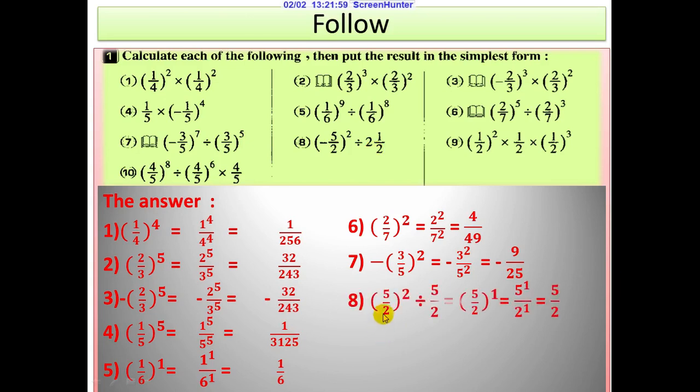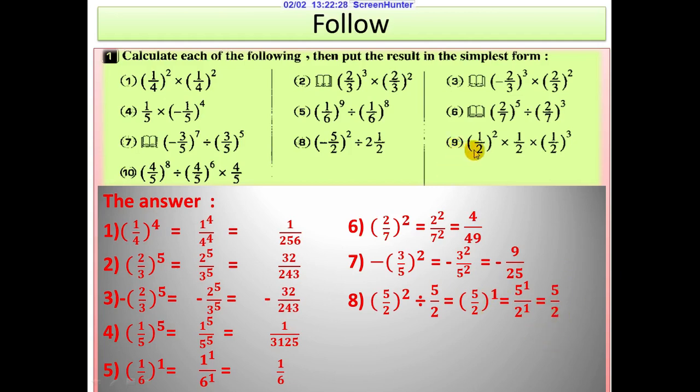Because here we have an even power, we can cancel the negative to be (5/2) raised to power 2. And the second part changed to be also 5 over 2. Now we have two like bases, so we keep the base as it is and subtract their powers to be (5/2) raised to power 1. And by distributing this power up and down, it will be finally equal to 5 over 2.